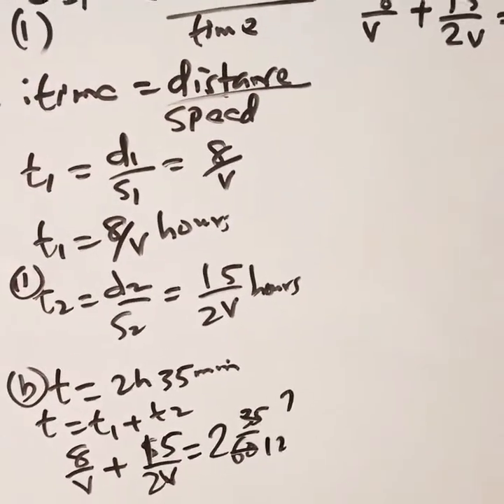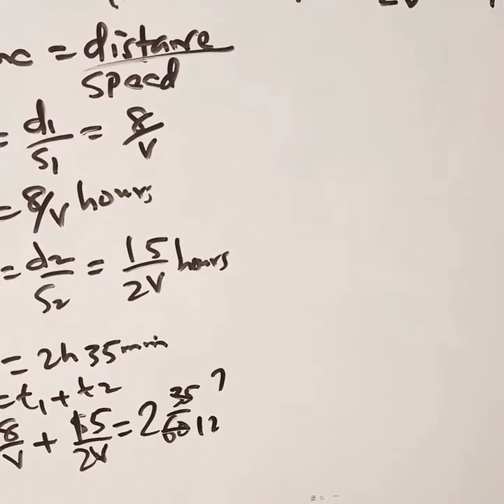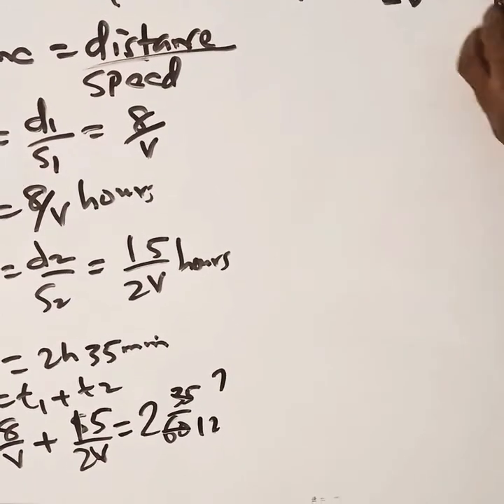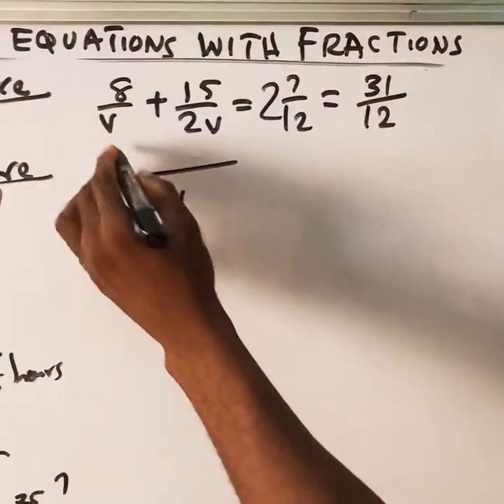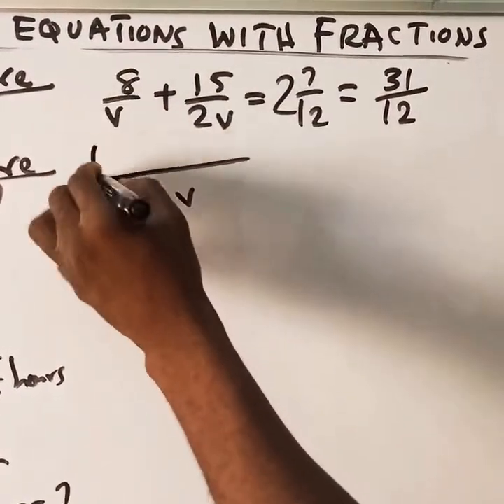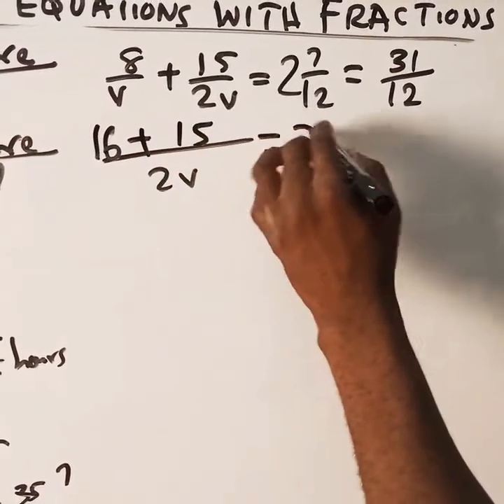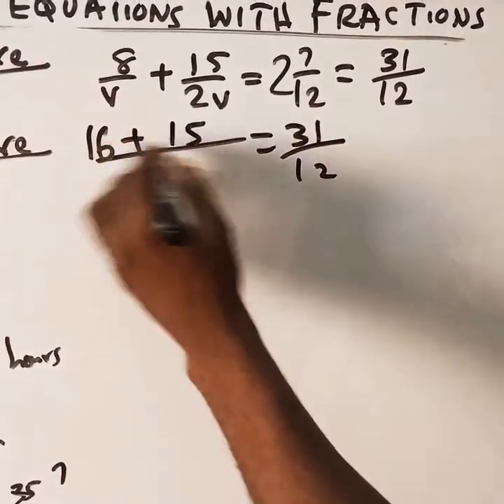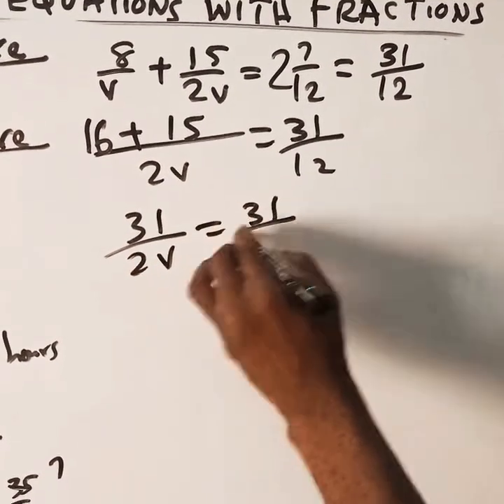Change to an improper fraction: 12 times 2 is 24, plus 7, 31 over 12. So the LCM here is 2V. V here is 2, 2 times 8 is 16. 2V here is 1, 1 times 15 is 15. 16 plus 15 is 31 over 2V, which is equal to 31 over 12.